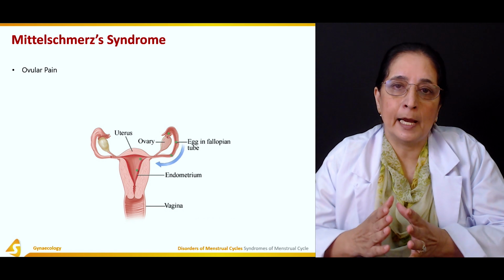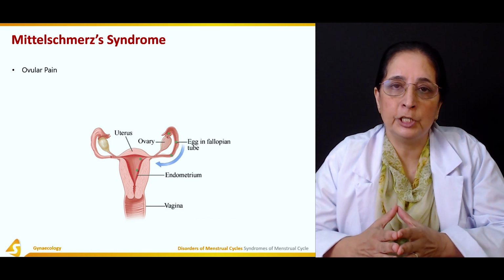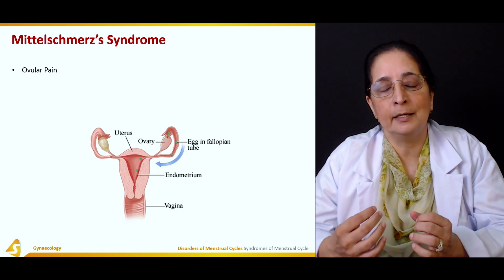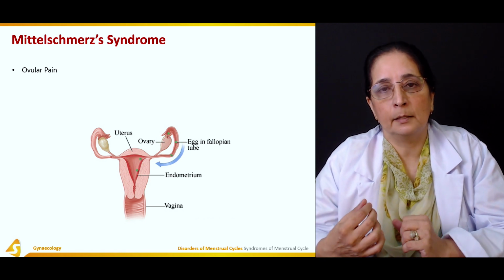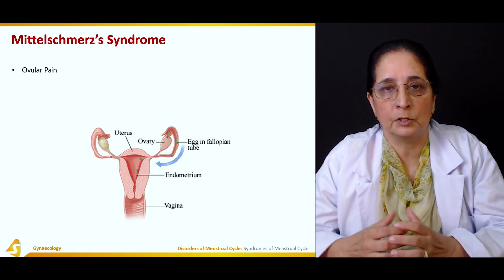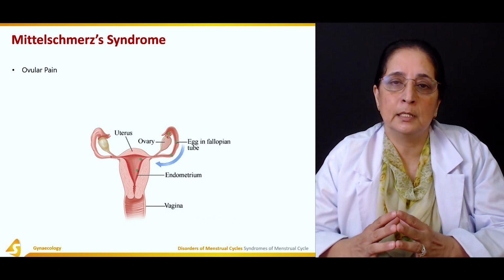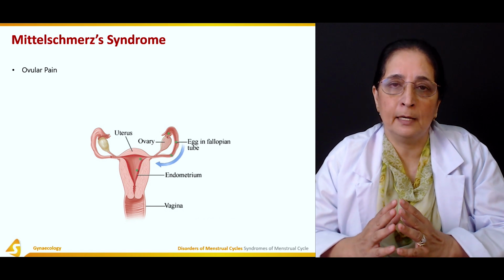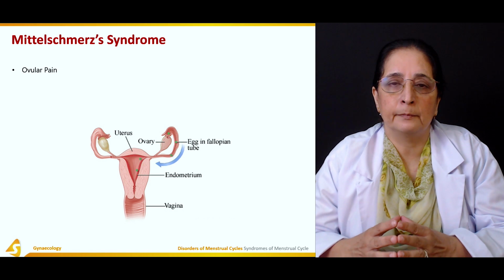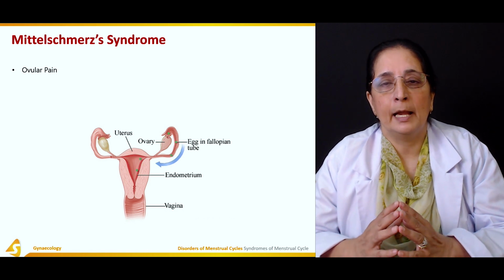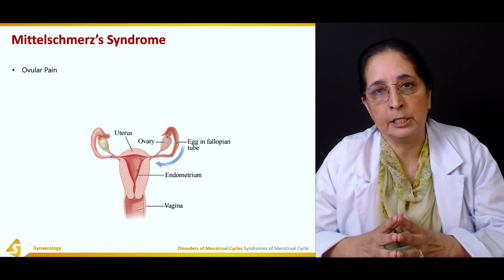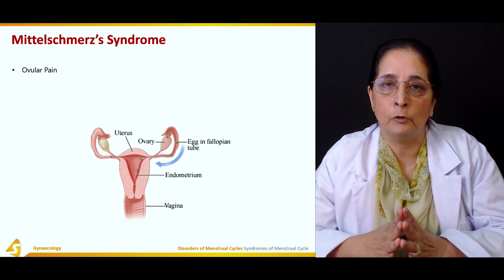So usually at the time of ovulation, patients have lower abdominal pain, and there is some bloody, spotted bloody discharge also. So this is the lower abdominal pain with small blood spotting or mucus with blood also, and this is the indication that the patient is ovulating, or it's the time for ovulation.